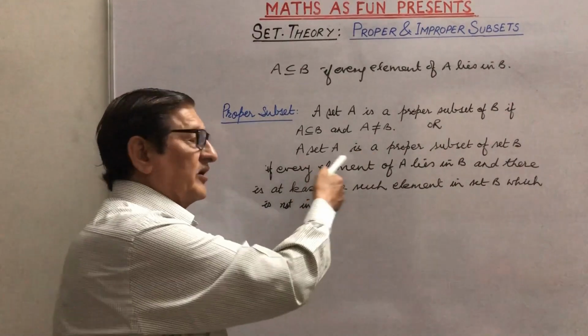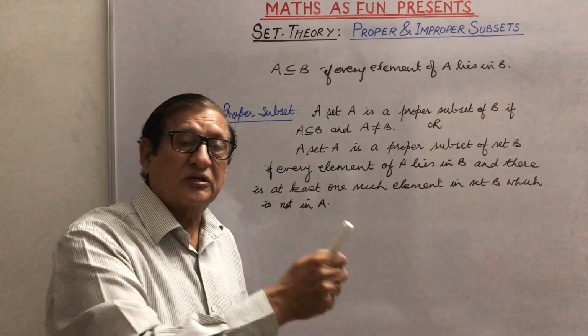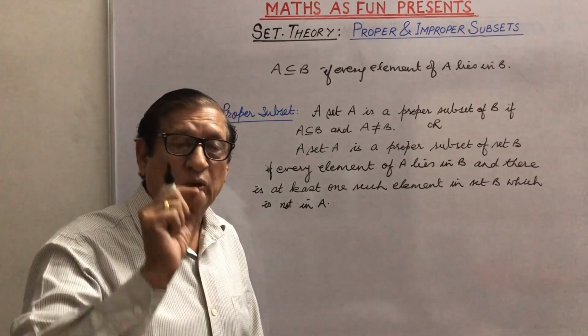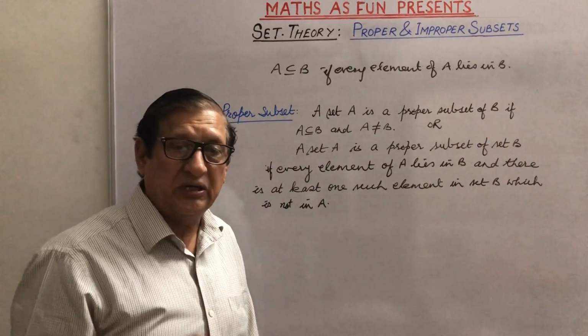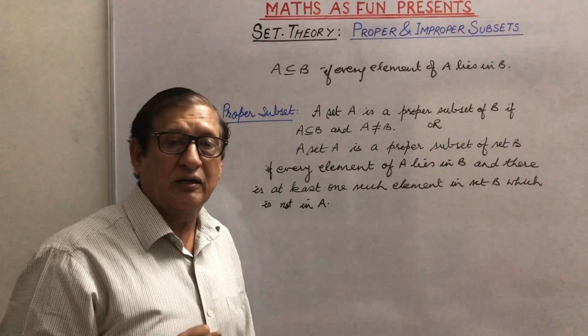Or we can also define it in such a way that a set A is a proper subset of set B if there is at least one element in B which is not lying in A.